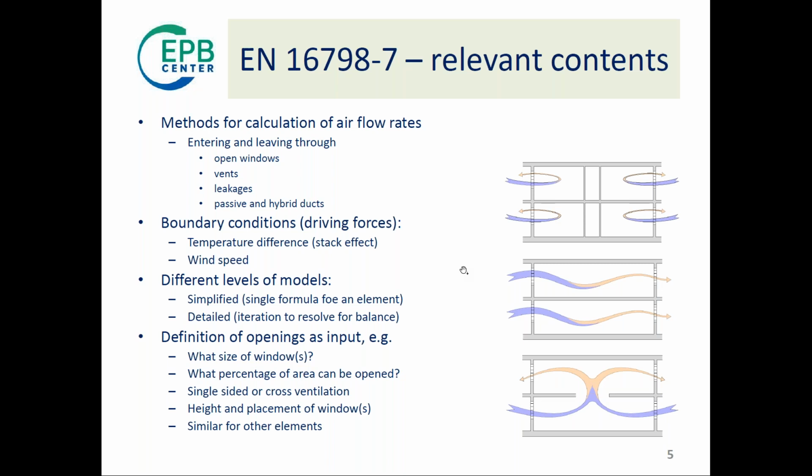And there are different levels of models in that standard, like a simplified, just single formula for an element, or detailed calculations, which actually involve iterations to resolve for a balance.